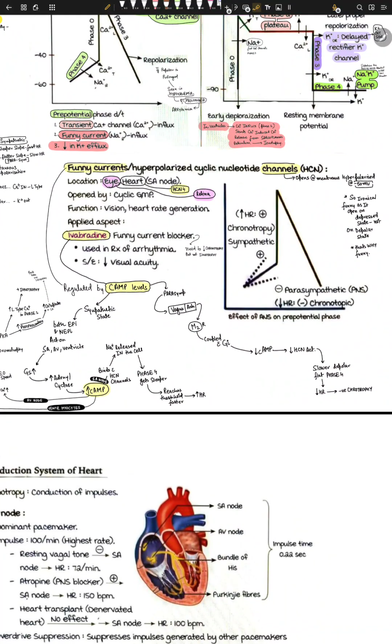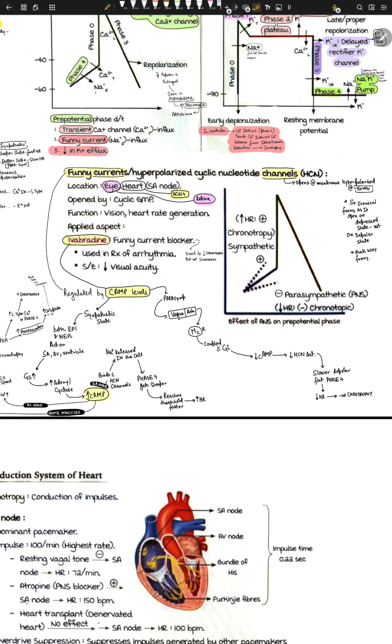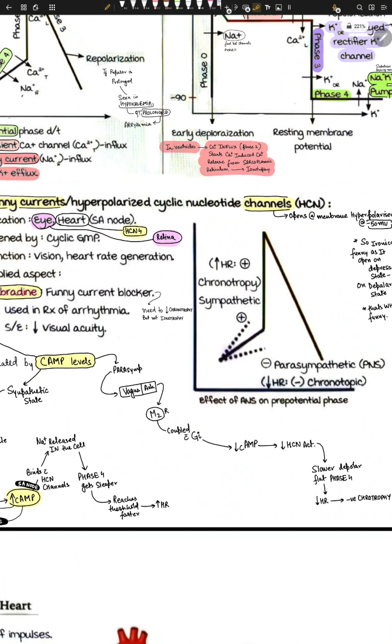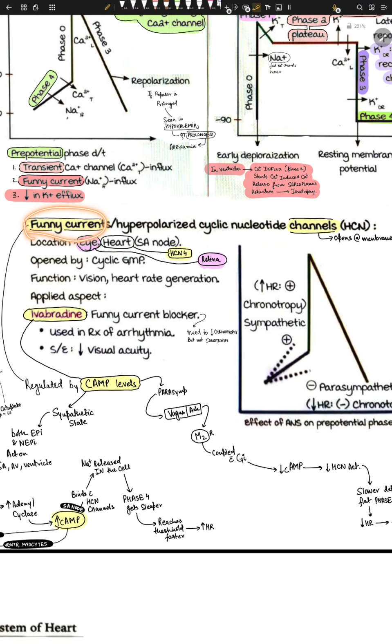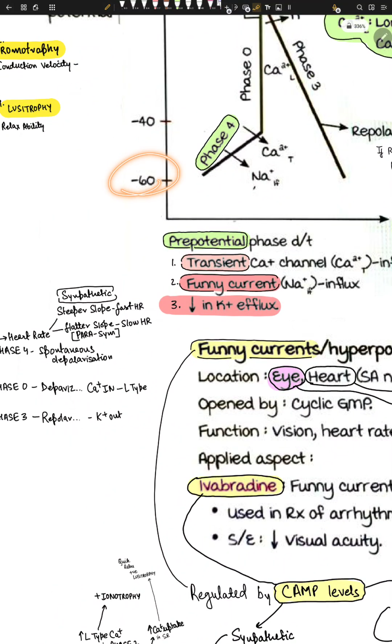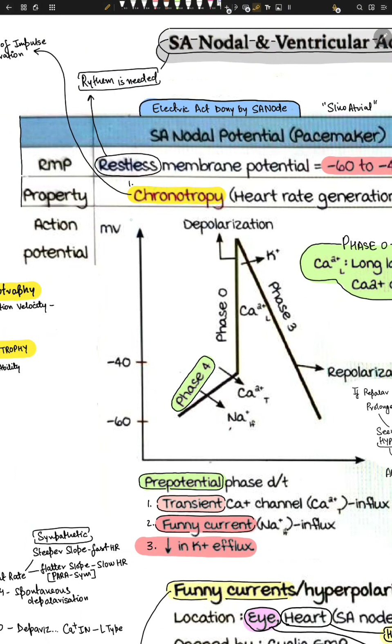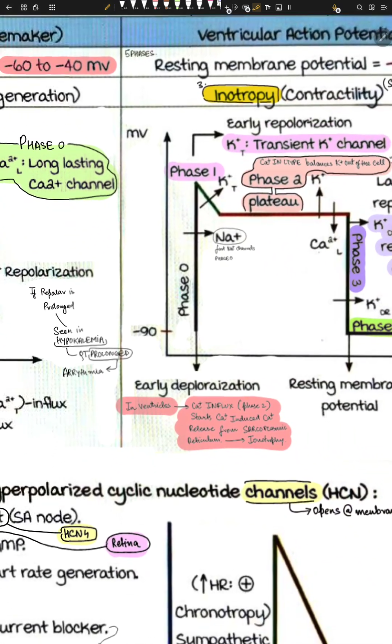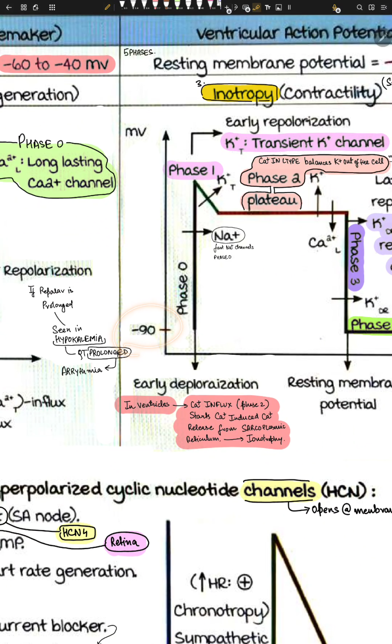Now let's talk about funny currents, right? Why are they named funny currents? What is wrong with them? Why are they funny? So funny currents are produced by hyperpolarization. Hyperpolarized means really negatively charged. For example, I can call minus 60 hyperpolarized, and minus 90 as well, but 0 is not hyperpolarized.